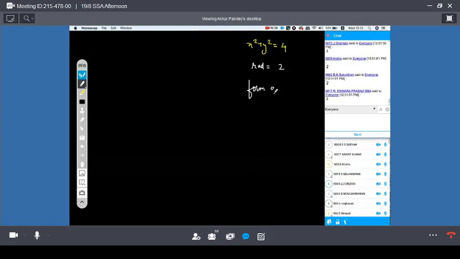By formula, what is the area of one quarter? Pi. Yes or no? Total area is 4 pi, but area of one quarter is pi, right or not?